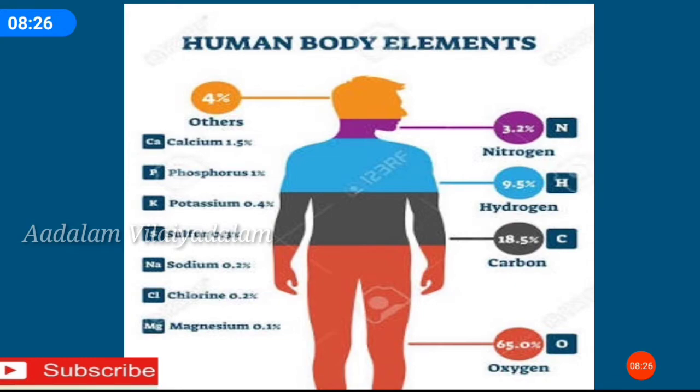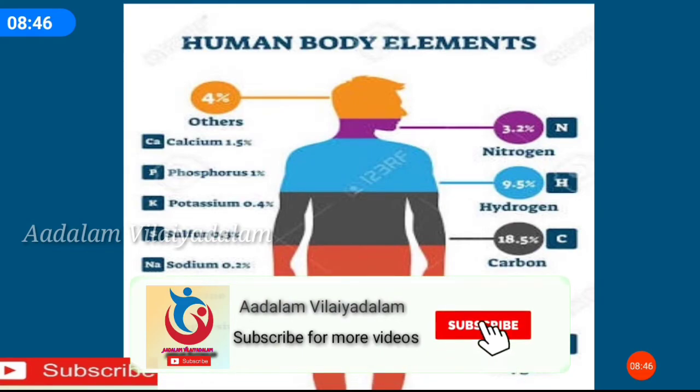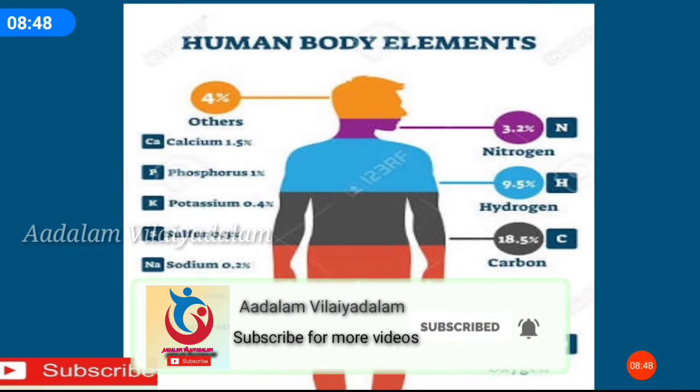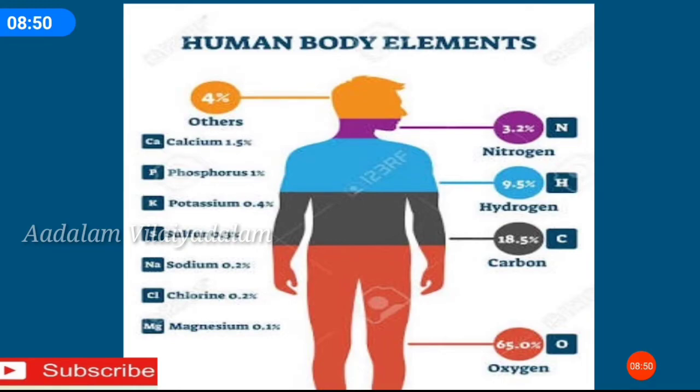They are potassium, sulfur, sodium, chlorine and magnesium. Many elements make up the human body, but only 3 occur in abundance. These elements are oxygen, carbon and hydrogen. These 3 elements combine to form the constituents of some of the essential processes in the human body.